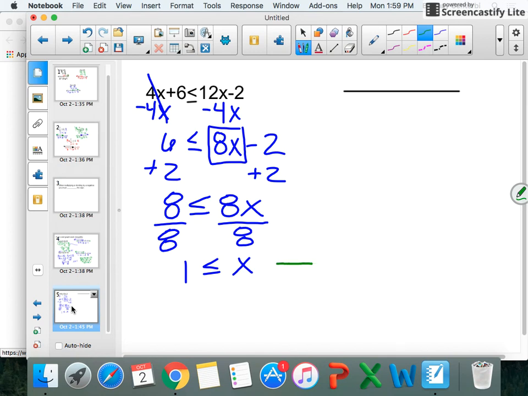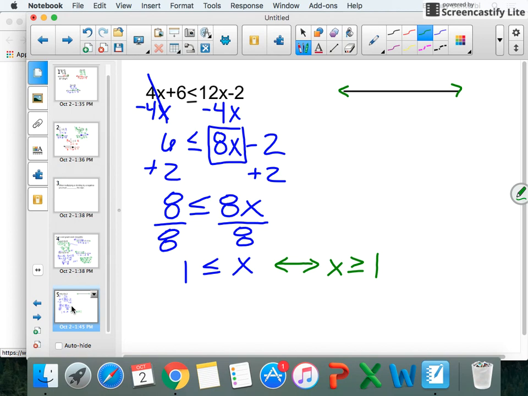So I'm just going to switch my equation around. I'm going to write it as x is greater than or equal to 1. So I didn't flip the sign. All I did was I took the whole equation and I flipped everything and I wrote it exactly as it is said. So you do not have to do that step if you don't want to. I just think it's easier to graph if you have the variable on the left-hand side.